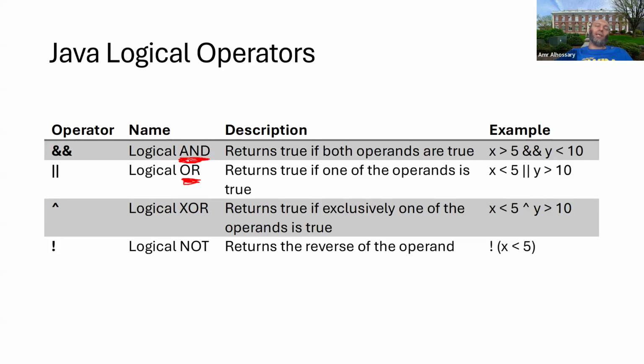The third operator is called XOR, exclusive OR. This is similar to OR, but it means the expression will be true only in case one of the operands is true. So suppose that we have to select from different candidates in the elections.